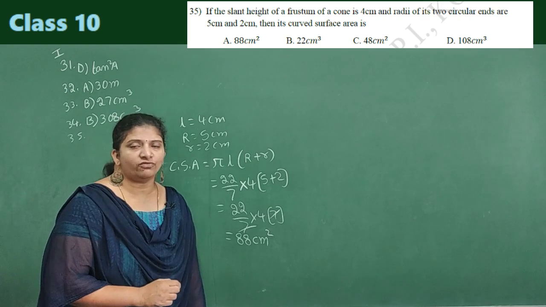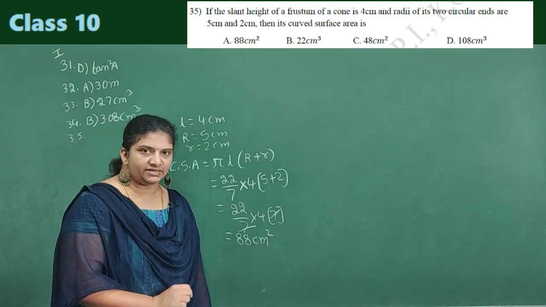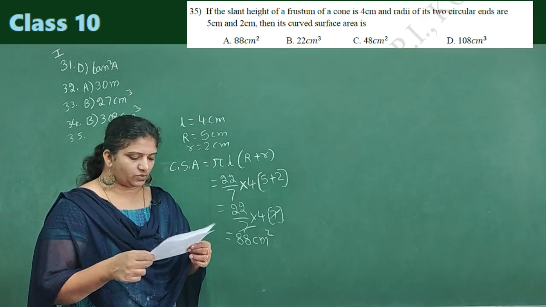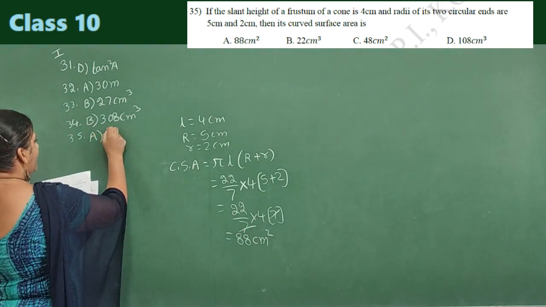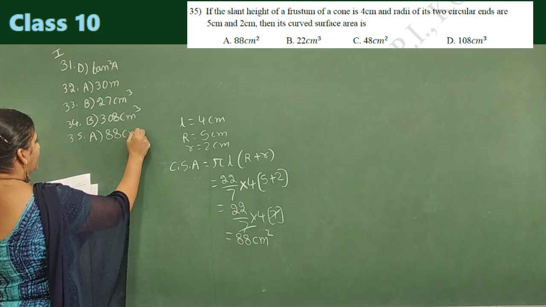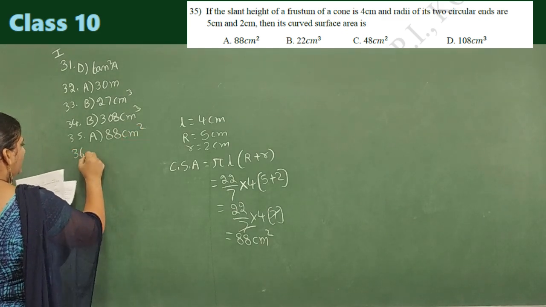Curved surface area of a frustum of a cone is 88 centimeter square. Check for the option. Option A, 88 centimeter square.